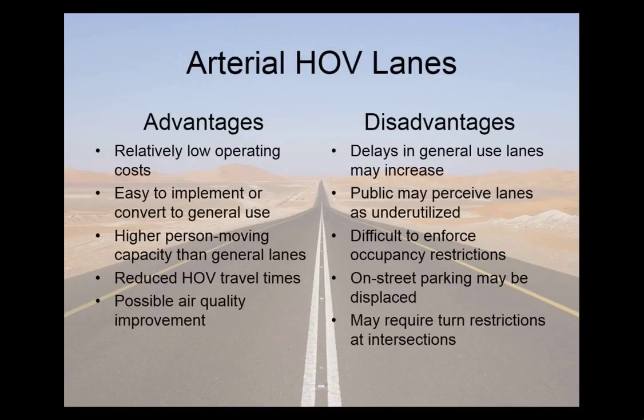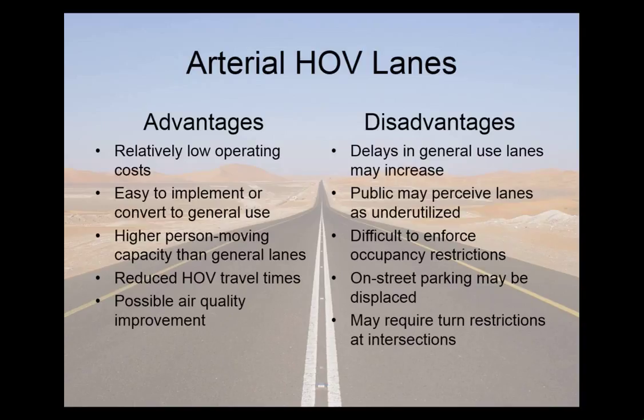HOV lanes also have a number of drawbacks when applied to arterials. The delays in the general use lanes may increase. This primarily would only happen if a lane was taken from an existing road and converted to high occupancy vehicle only use. Then there would be fewer lanes for mixed flow traffic, and congestion would increase.